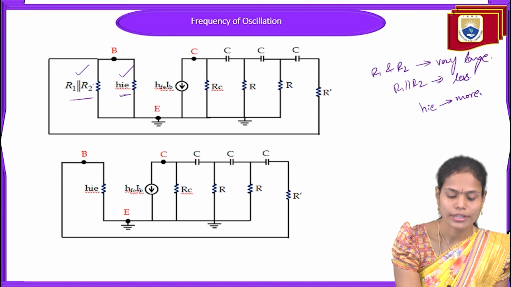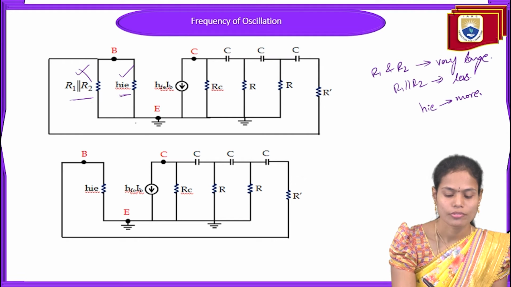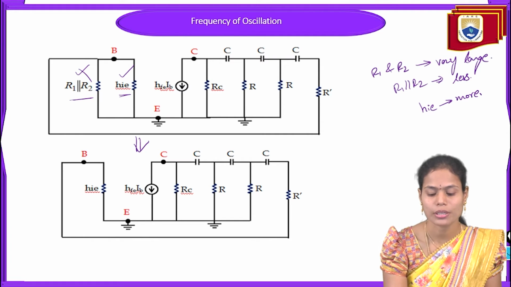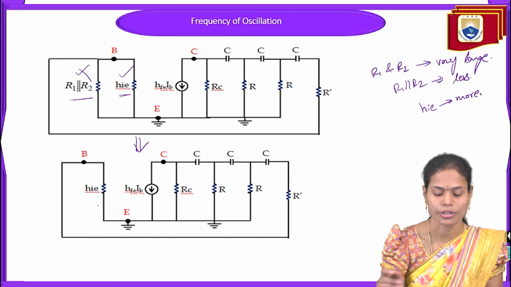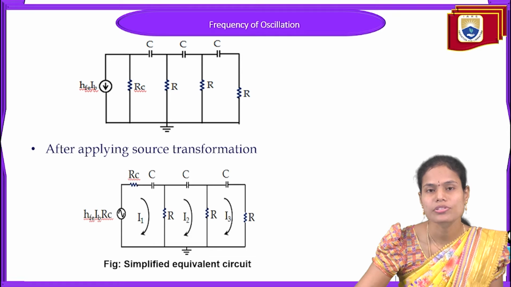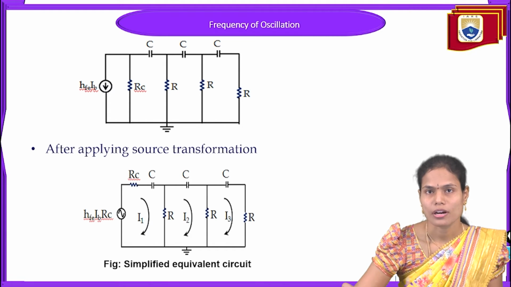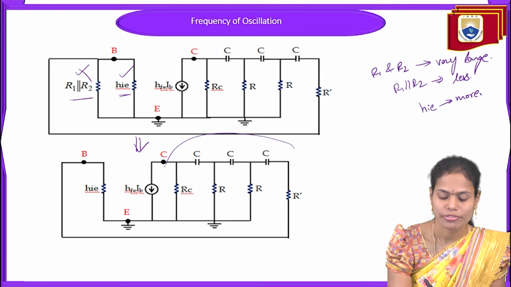After neglecting the R1 parallel with R2 combination, we will get this particular circuit. The remaining elements are as it is. Now, in order to find the frequency of oscillation, to generate sustained oscillations, how much frequency we need to provide for this oscillator, I am taking only the feedback network.